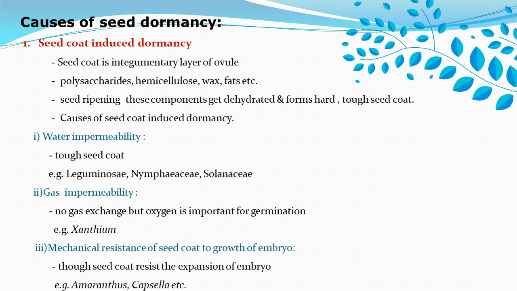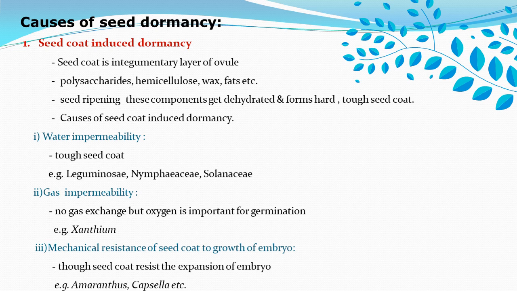Let's have a look at the causes of seed dormancy. Students, seed dormancy is mainly induced by the seed coat. We know what the seed coat is? The seed coat is the integumentary layer of the ovule. During formation of the seed, there is deposition of a number of polysaccharides, hemicellulose, wax, fats, etc. within this integumentary layer.